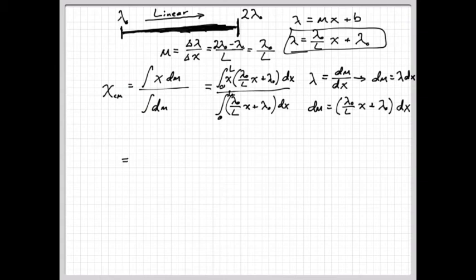Okay, now first thing I'm going to want to do is put that x inside, right? Distribute it out. So I've got integral of 0 to L, and this would be lambda 0 over L times x squared plus lambda 0 times x.